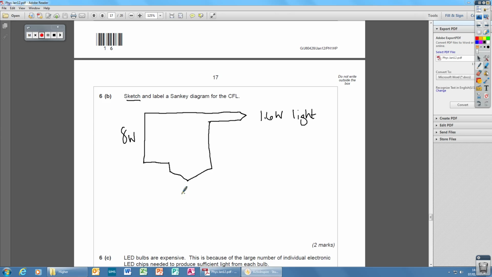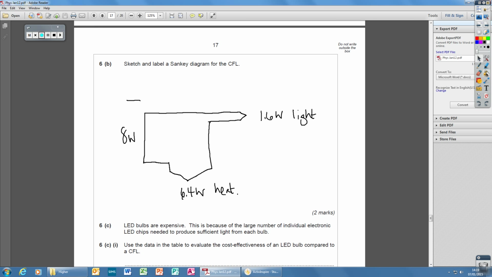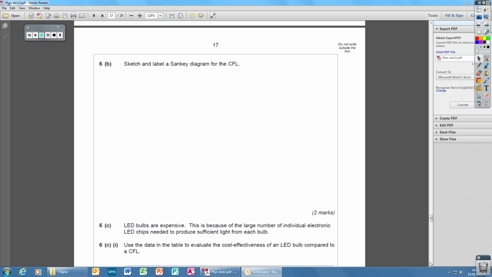So I think it'll be 8 minus 1.6 should give me 6.4 watts of heat or other losses. So that should be a reasonable Sankey diagram. Right.